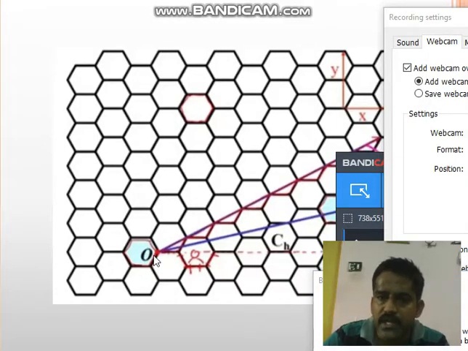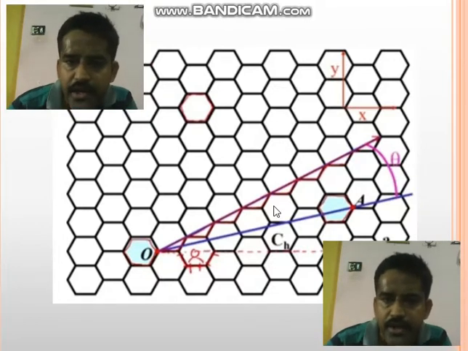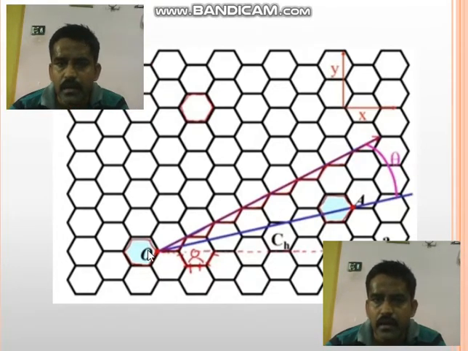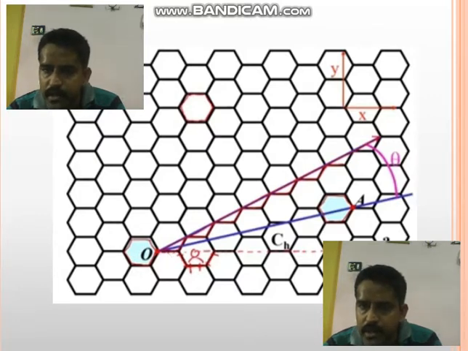See from this diagram, here from this point O2 and this line A1, here we observe a line.